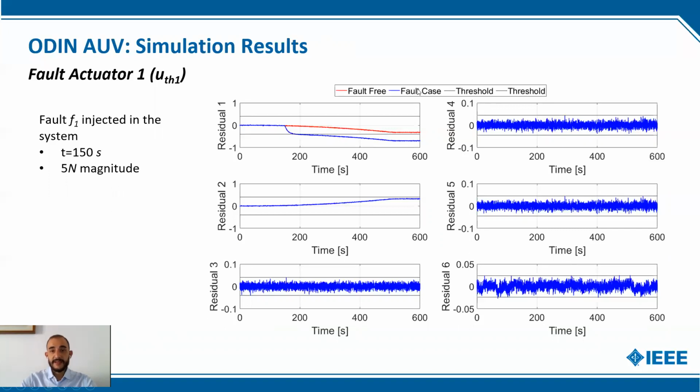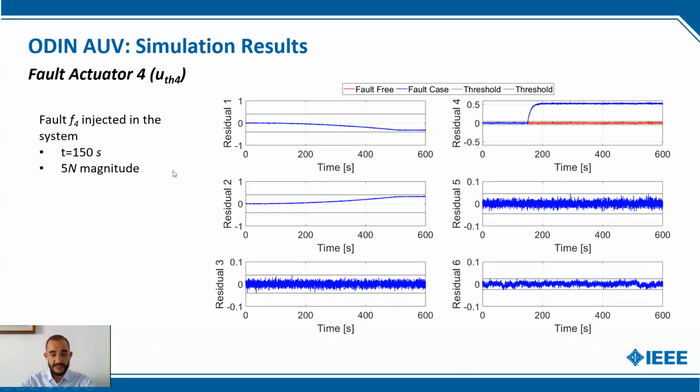This is the dedicated residual set, and during the simulation, a fault on the first actuator is injected into the system. As you can see here, by simply checking which residual response is different from 0, it is possible to understand where a fault has occurred. And in this case, only the first residual exceeds the threshold, meaning that a fault has occurred on the first actuator.